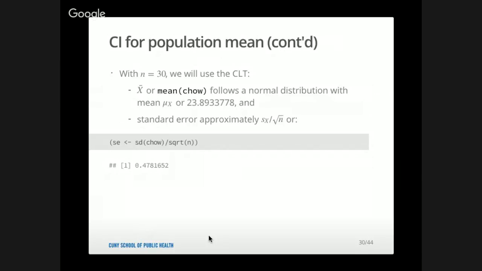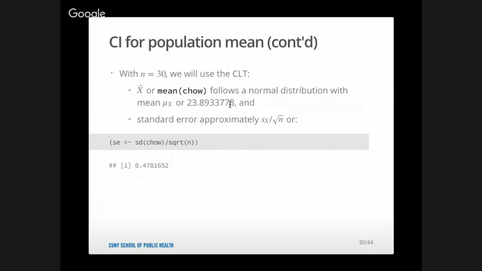N equals 30, that's a large enough sample size for us to use the central limit theorem. So we'll assume that the means of samples follow a normal distribution with mean what we had for the population.